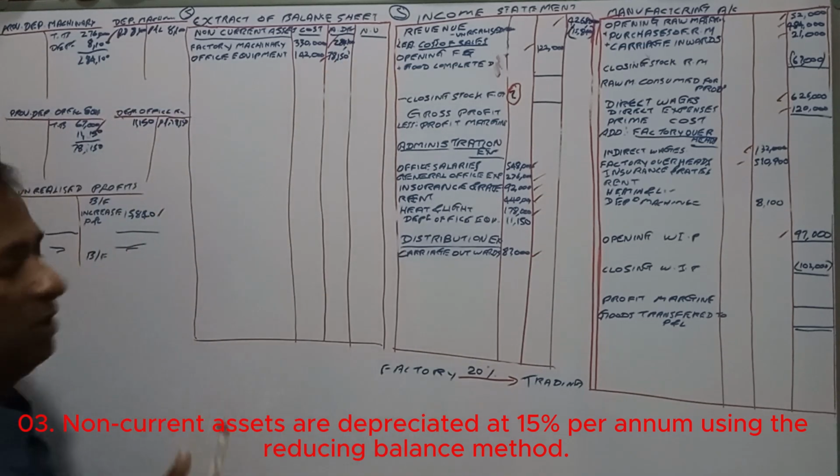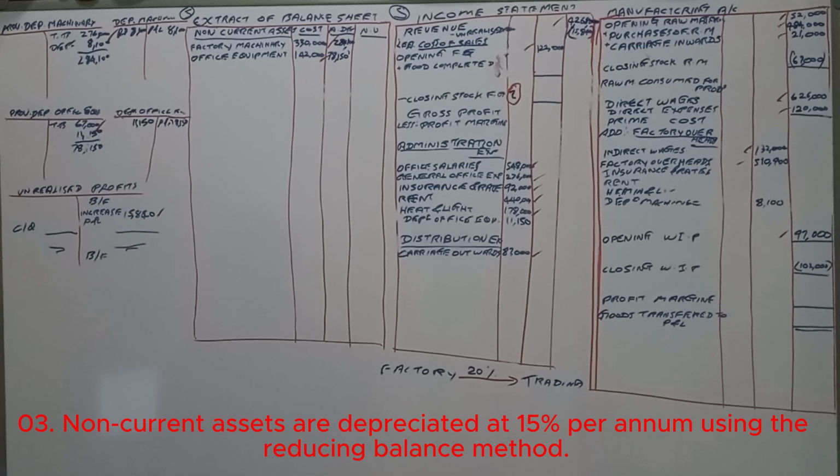That has to be deducted, that is 142,000 minus 78,250, in the sense 63,750.